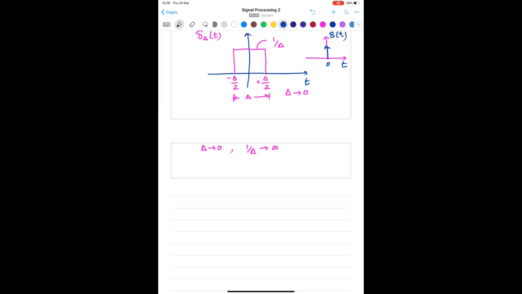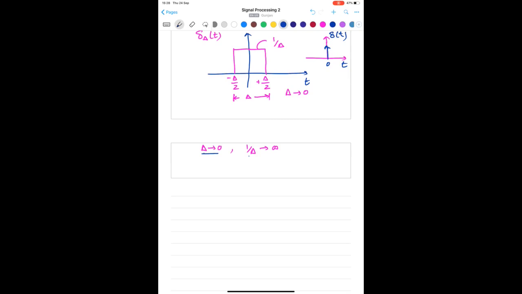It means that the amplitude of the signal is tending towards infinity, because the width of the signal tends to 0, which makes the height of the signal tend to infinity.